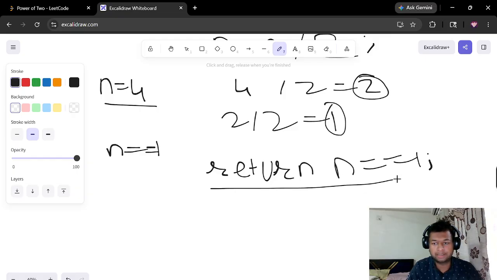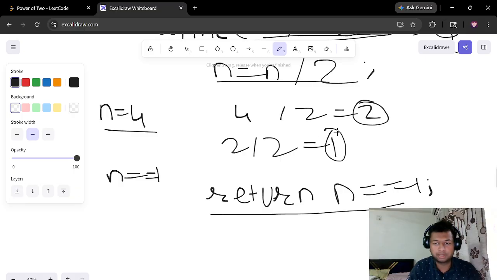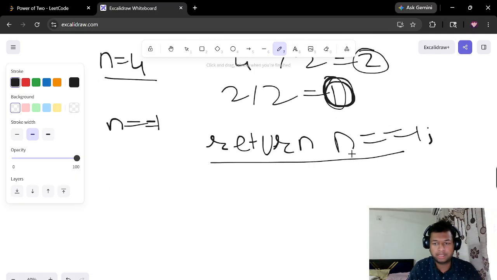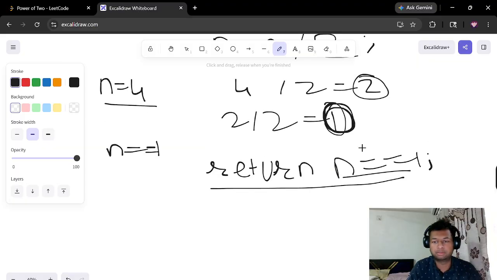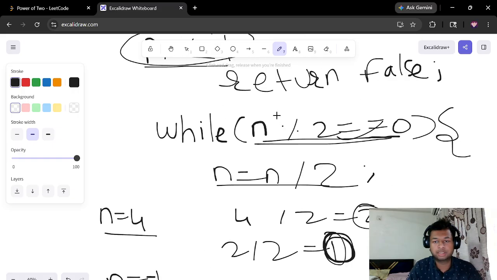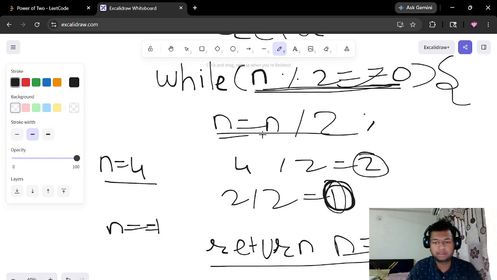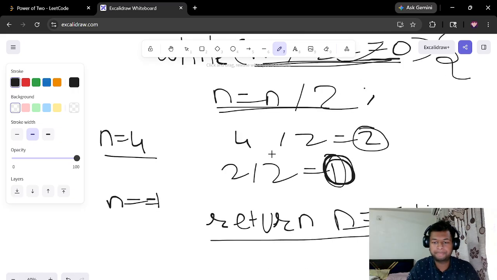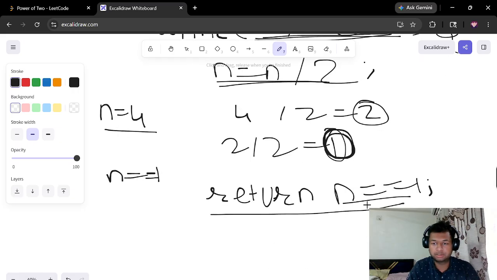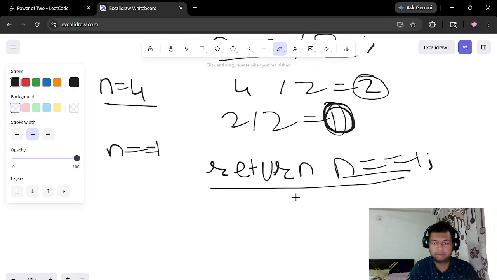So why did I write this? Because the last output coming to us is 1. So when n becomes 1, our answer will be true, otherwise it will be false. For any particular n, if this dividing is happening and at last n is becoming 1, our answer will be true, otherwise false.